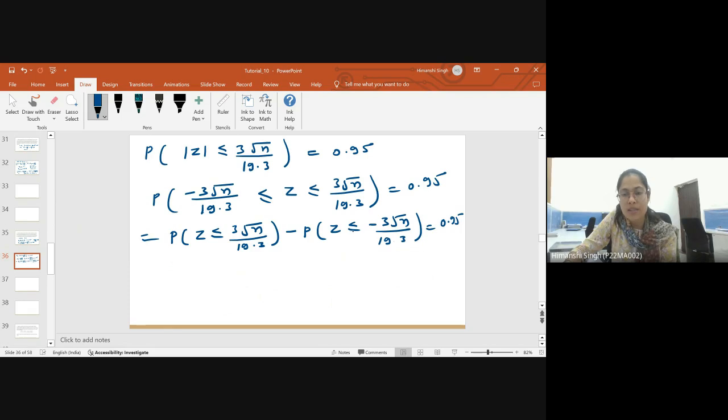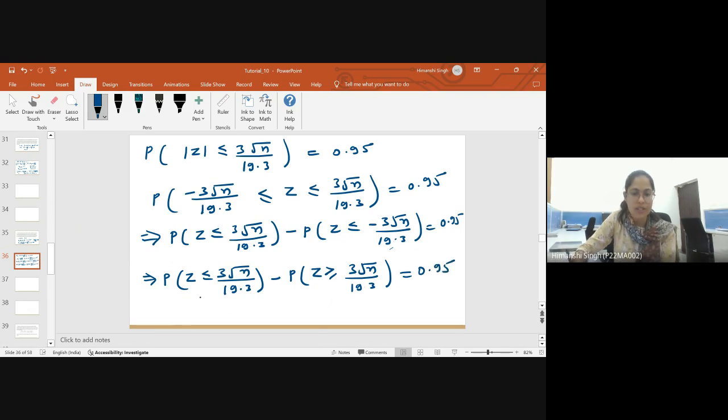Now since this is a symmetric distribution, probability z less than or equal to minus 3 root n by 19.3 is equal to probability z greater than or equal to 3 root n by 19.3. Symmetric distribution properties we have already studied.